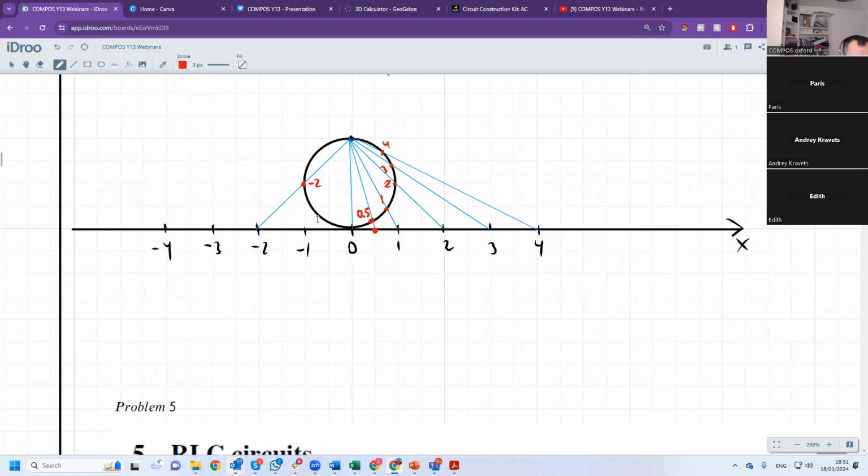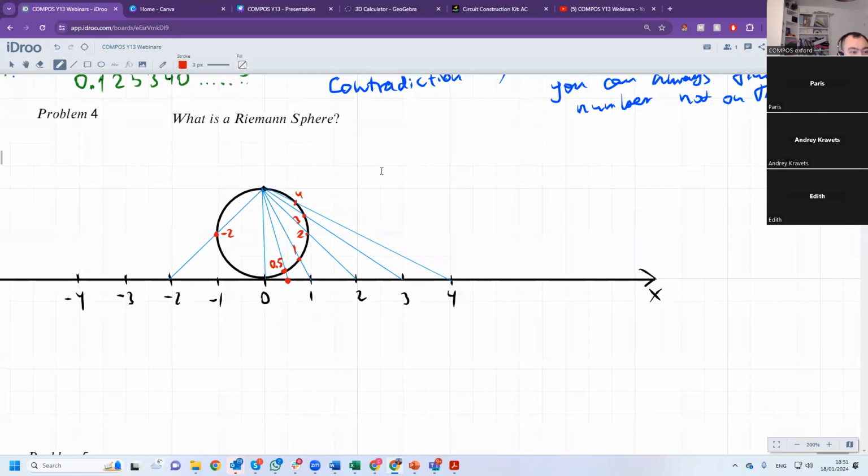So somewhere here is -1, etc. So because every single point on the line is mapped onto a point on the circle, and it's a one-to-one mapping.